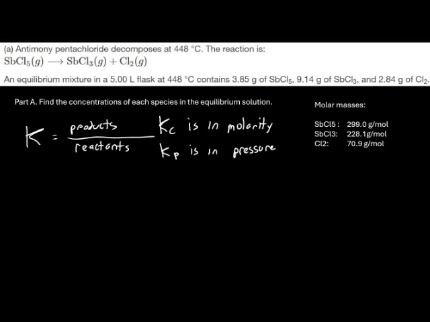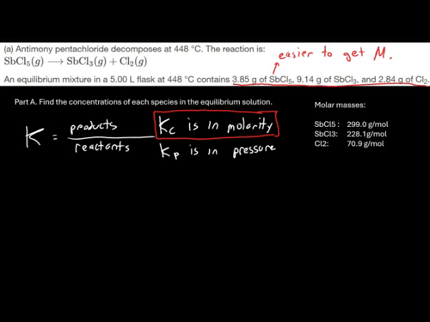However, if we look at the information we were given in the third line, notice that we have grams. And it's easier to go from grams to molarity than it is to go from grams to pressure. Therefore, for this question, we'll find Kc using the molarities of each of these reactants and products.